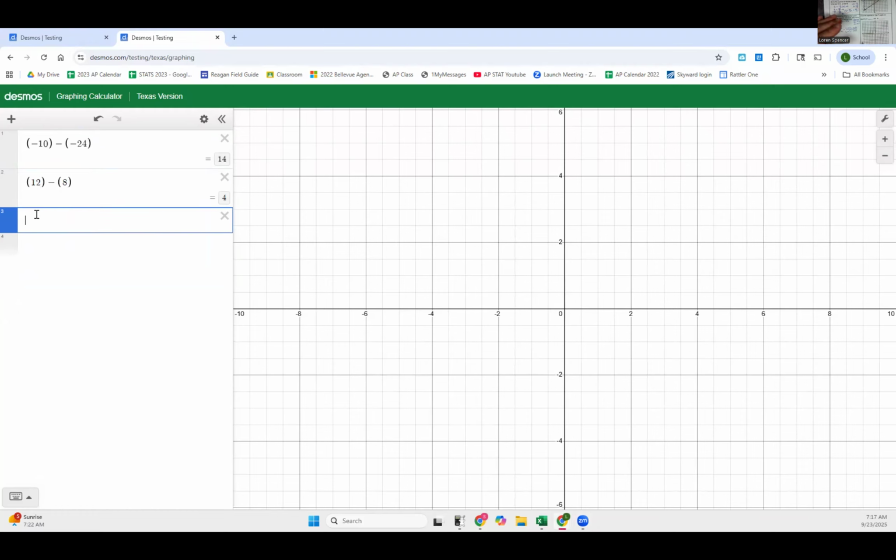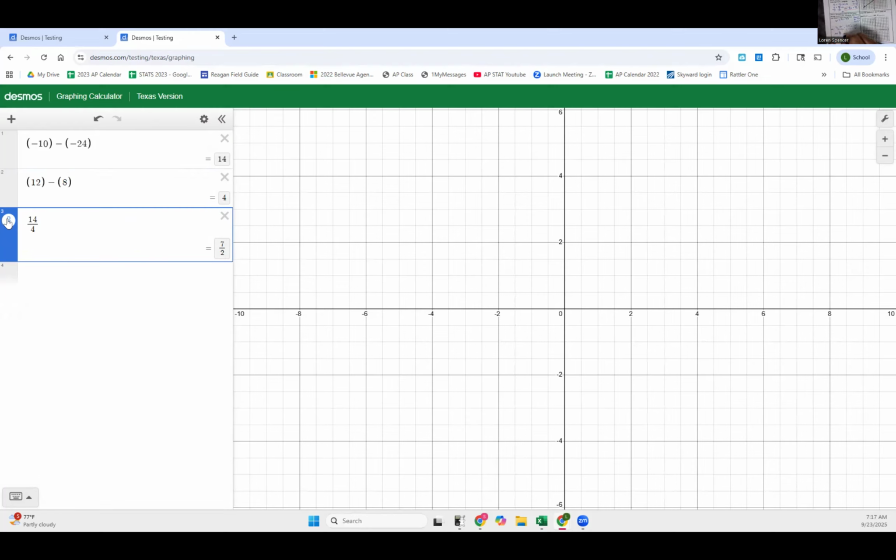So we end up with 14 divided by 4, which is 3.5. But we can get the reduced fraction by just hitting the button to the right, and we get 7/2. So m equals 7/2.